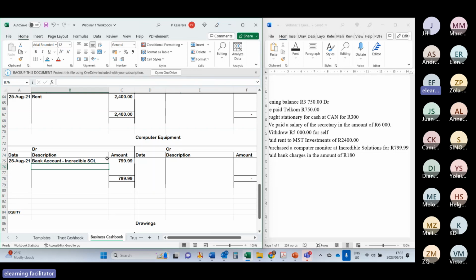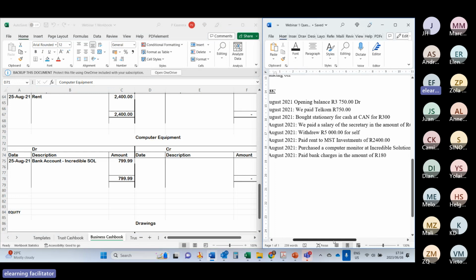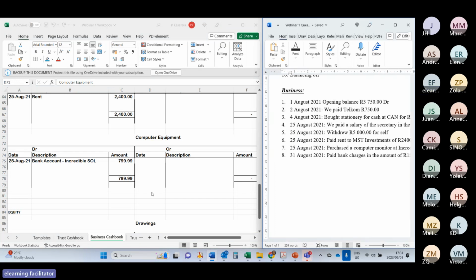SARS say anything less than 7,000, then there's no need for you to put it under assets. Then you can expense it. So there's an account that we normally call assets less than 7,000. That account is an expense account, then you expense it, and that's it. Okay, so this is our asset.